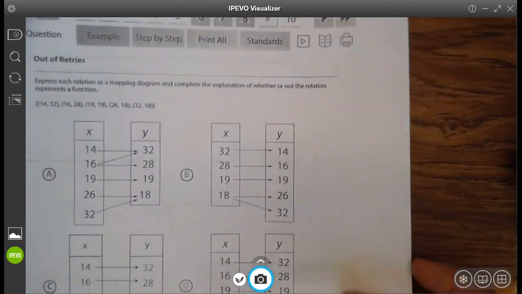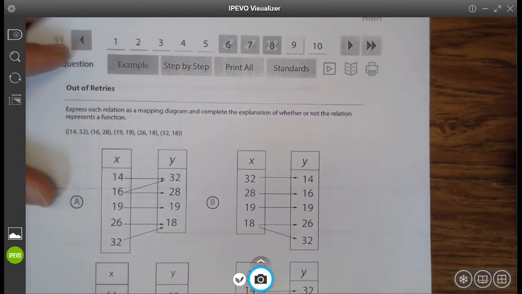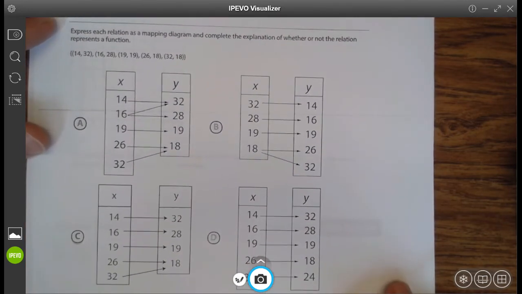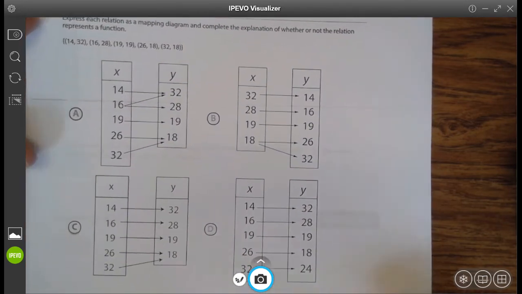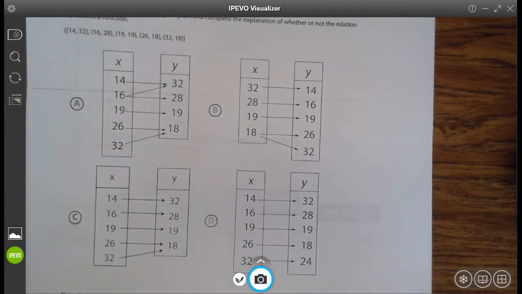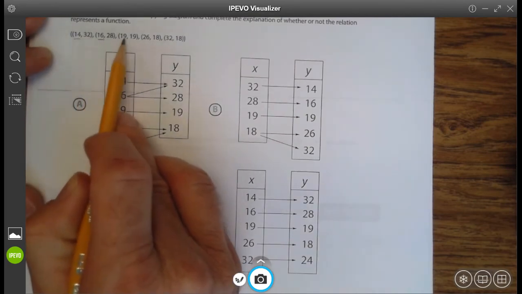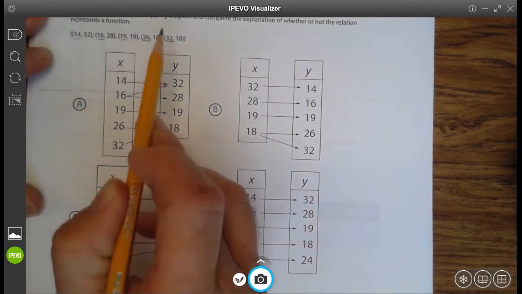All right, let's take a look at example 9. Express each relation as a mapping diagram and complete the explanation of whether or not the relation represents a function. Let's first make sure we match up all the x values. So the x values are 14, 16, 19, 26, and 32.